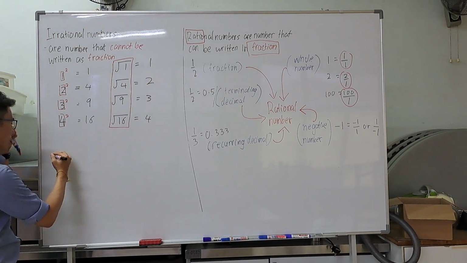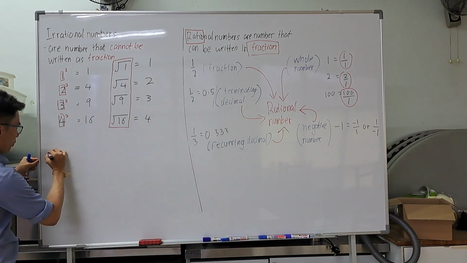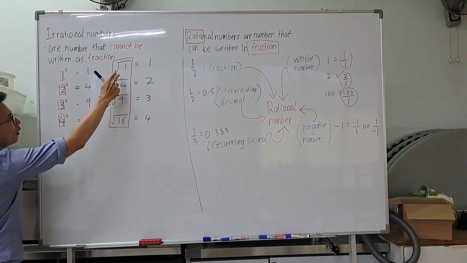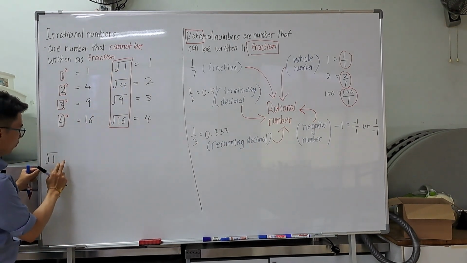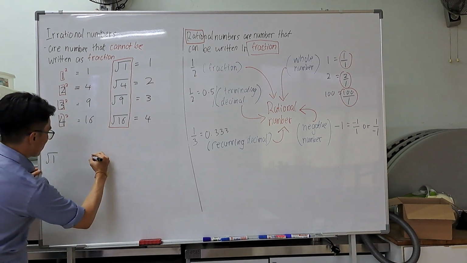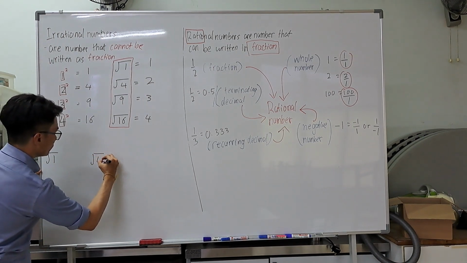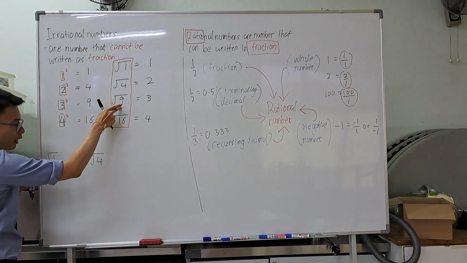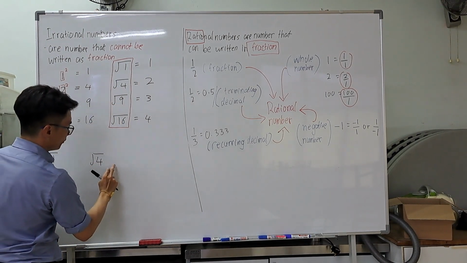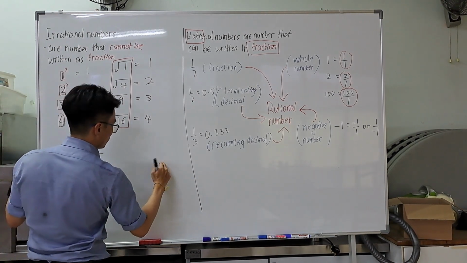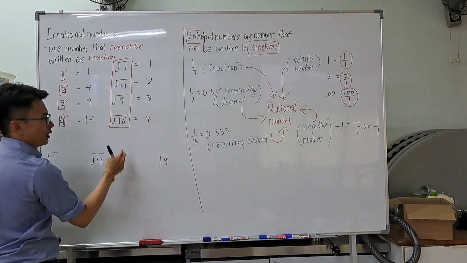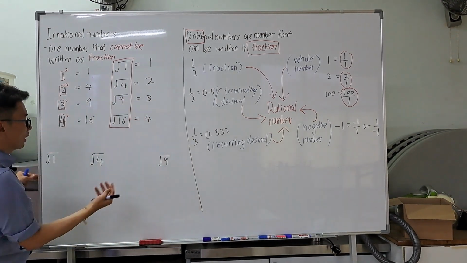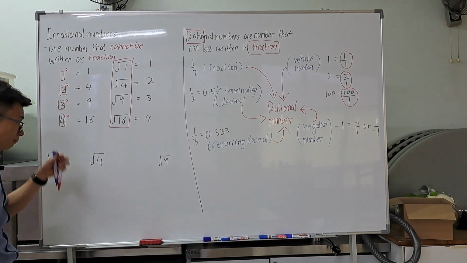So let me write here, I have square root of 1. My next one is square root of 4, so let's just say it's around here. Square root of 9 should be around here. And square root of 16 will be further away, but for this example, I will stick with this only.